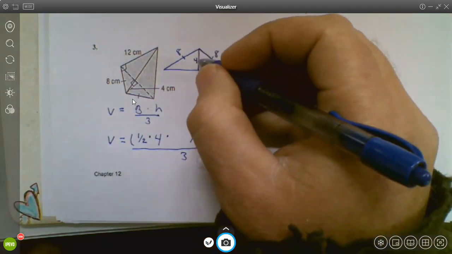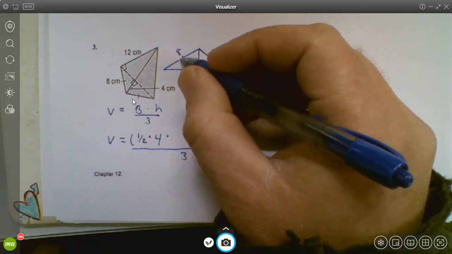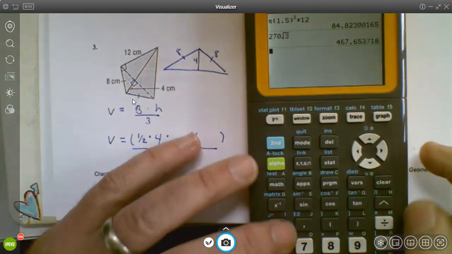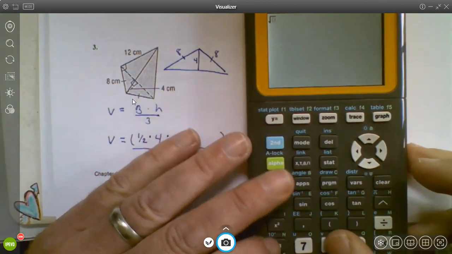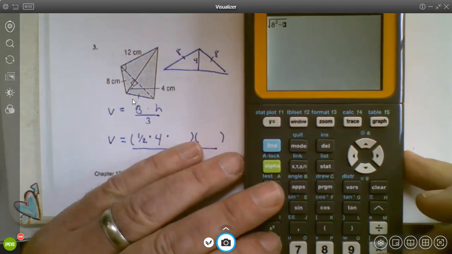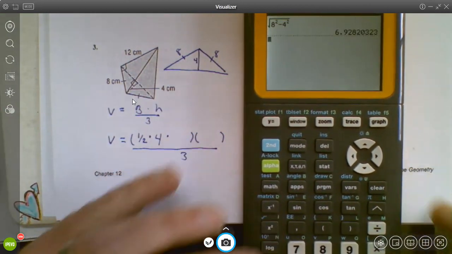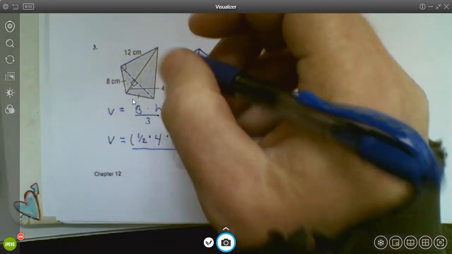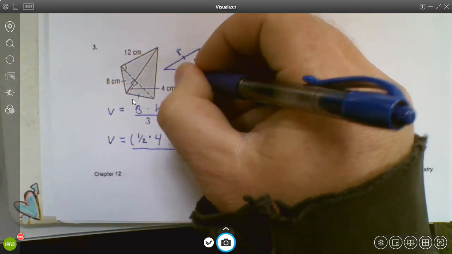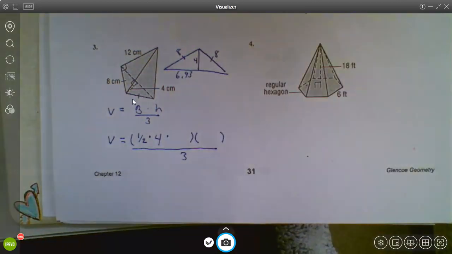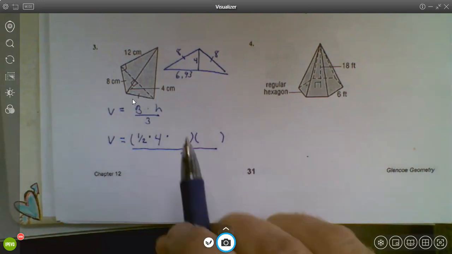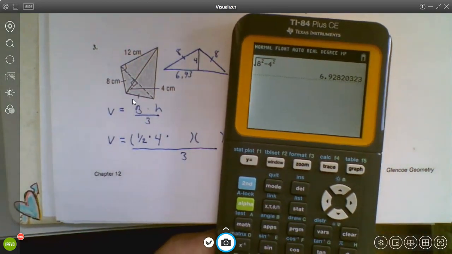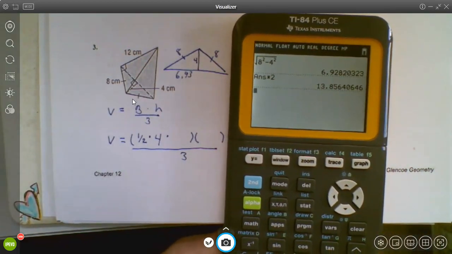We got to use a little Pythagorean theorem in order to come up with this guy right here. So if I did a little 4 squared plus b squared equals 8 squared, let's see what that would be. So about 6.9. Let's call it 6.93 just to be safe. So that's him by using a Pythagorean theorem. And we really need the whole thing, so I need to double that in order to get the entire base.